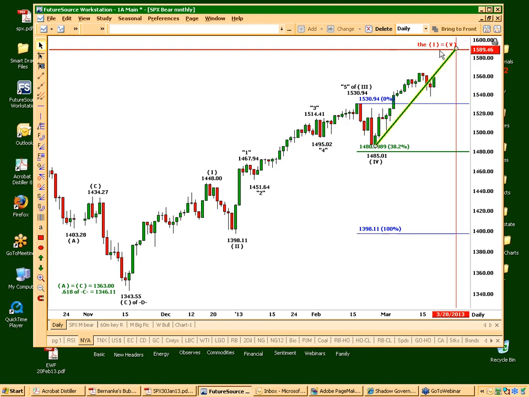Starting to see a pattern here. 1590 on the monthly, connecting the dots from the internet bubble peak and the 2007 peak. 1590 on the weekly chart, counting up off from the lows of 2011. Now here we are, 1590 on the daily chart, counting up from the lows of late last year.